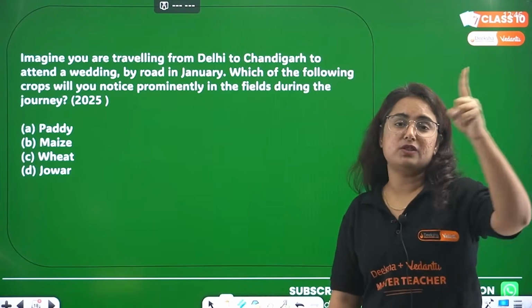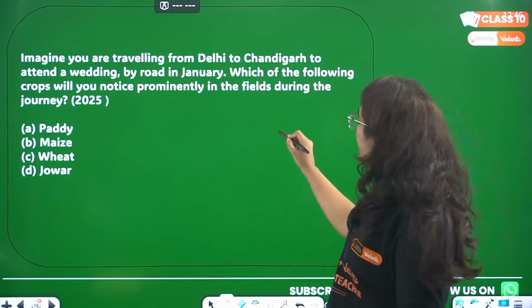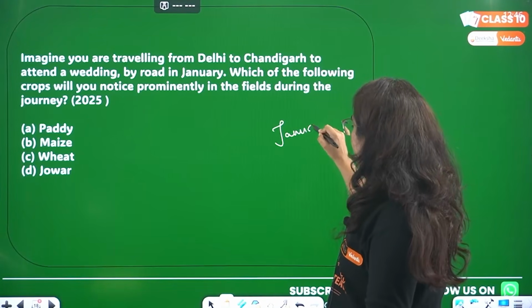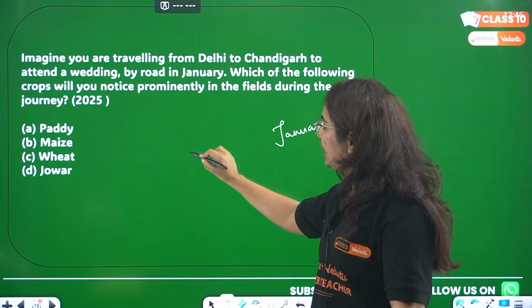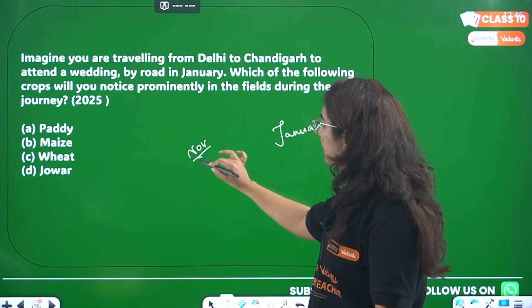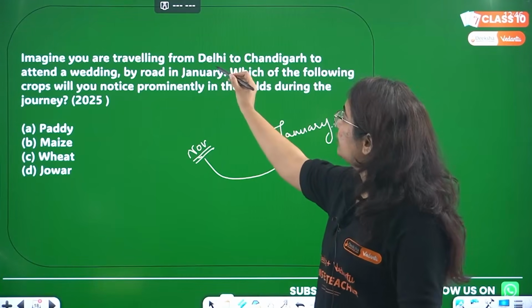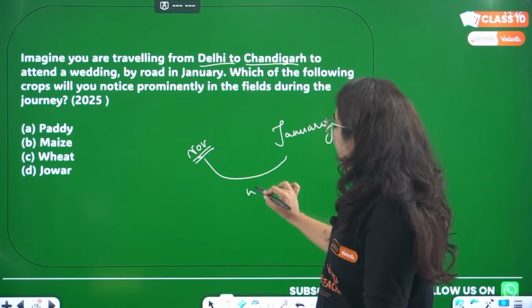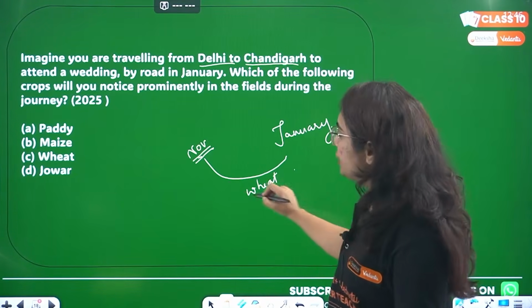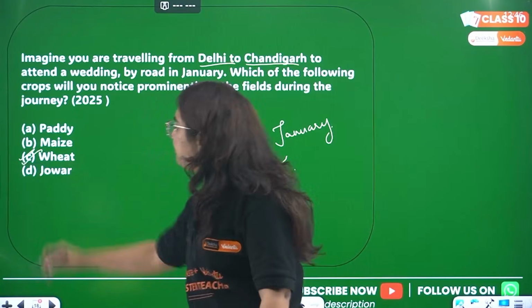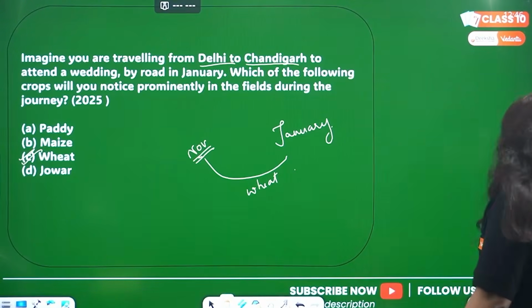The jalebi questions are asked. In January, obviously in winter, in the months like October, November, wheat is grown in major regions of North India. So when you travel, you will see the fields of wheat on your way.